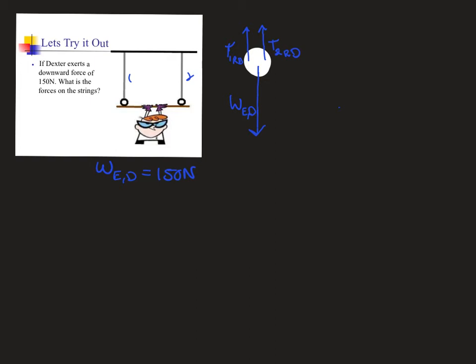So now we could write that the tension of one rope on Dexter is equal to 75 newtons. The tension of two of the rope on Dexter is also 75 newtons because of the proximity to where everything is.